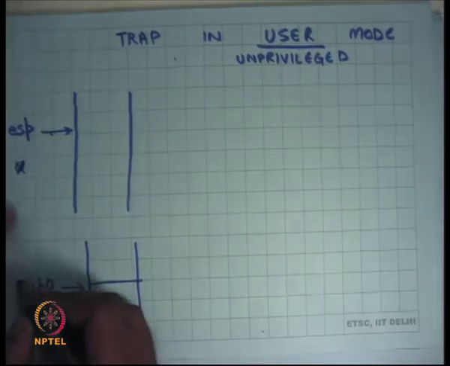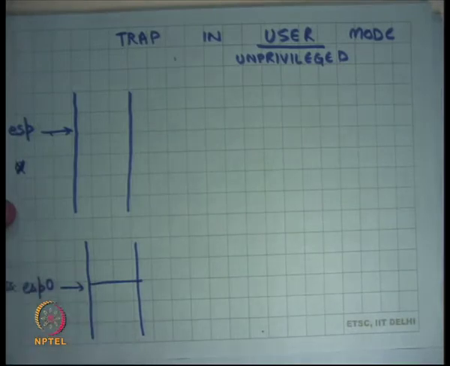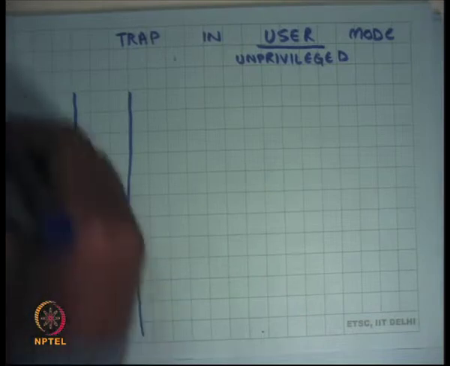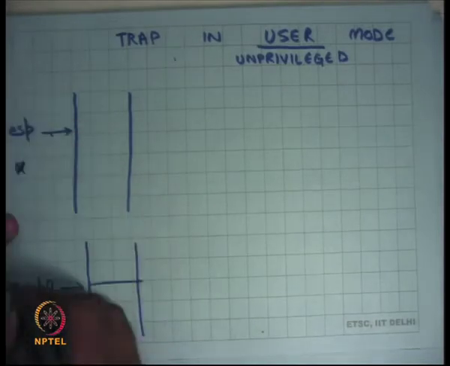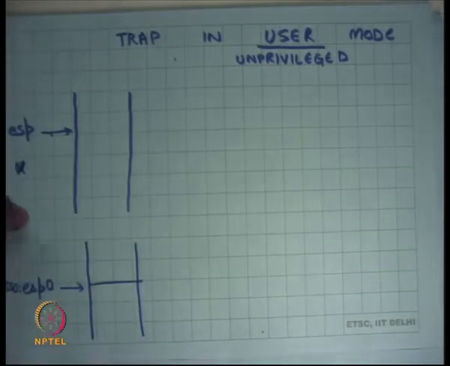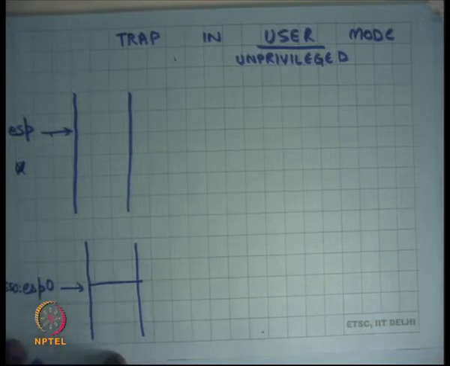In fact, I'm also modifying SS. So the semantics are that I'm going to modify the entire virtual address which is represented by SS:ESP. So initially it was SS:ESP, now it becomes SS0:ESP0, and so I need to save the old values of SS and ESP, and I'm going to do that on this stack, right?